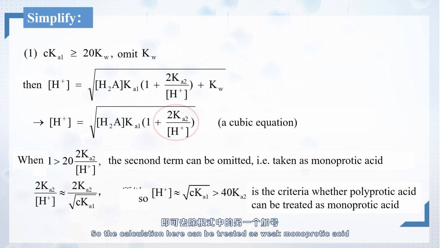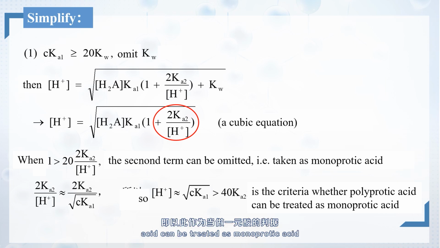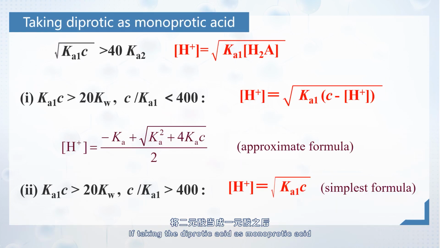So the calculation here can be treated as weak monoprotic acid. Also, 1 larger than 2√2 Ka2 divided by hydrogen is considered as a criterion for whether polyprotic acid can be treated as monoprotic acid. If taking the diprotic acid as monoprotic acid, based on the calculation process of monoprotic acid we discussed before, there are also two conditions.